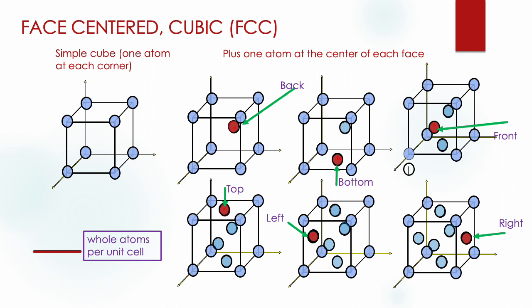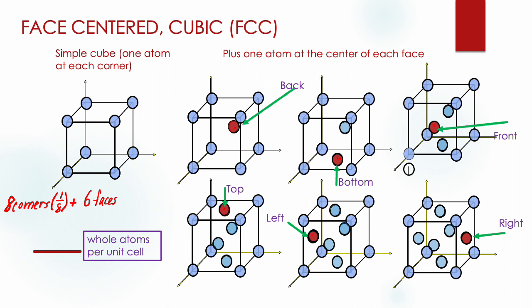So there are 8 corners. And for each of those, 1/8 of the atom is in the cube. And then there are also 6 faces: the back, the bottom, the front, the top, the left, and the right. So 6 faces.